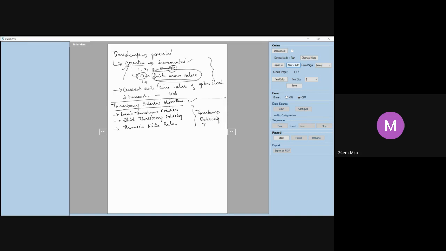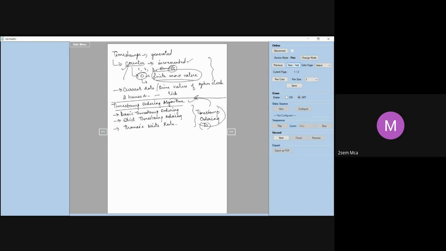Timestamp ordering, we name it TO. It means you are trying to order the transactions based on their timestamps. So if the timestamp is 1, then that will be the first transaction. If the timestamp is 2, then that will be the second transaction. So you are trying to put the transactions in a certain order, which is called timestamp ordering, for which we make use of certain algorithms, and then you call them timestamp ordering algorithms.